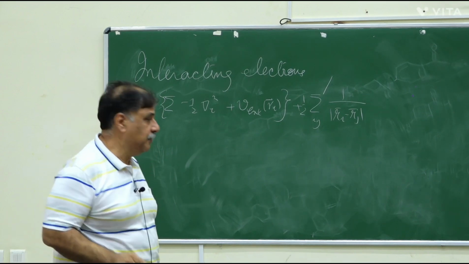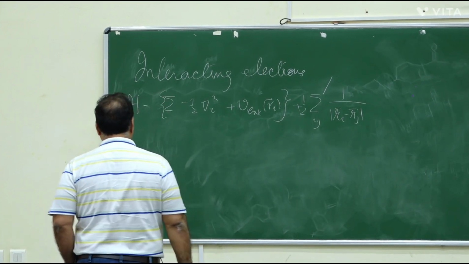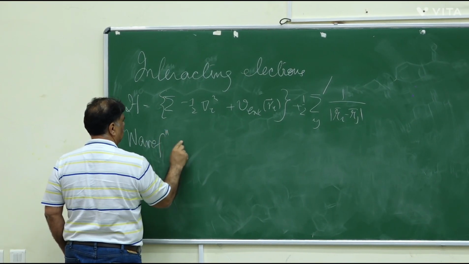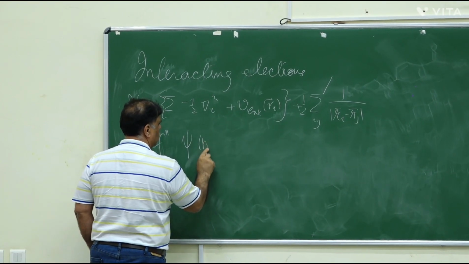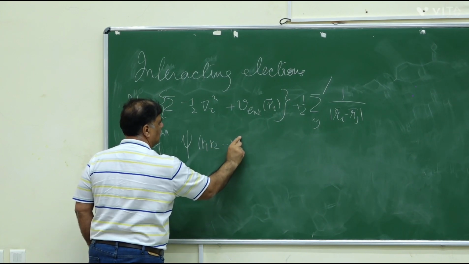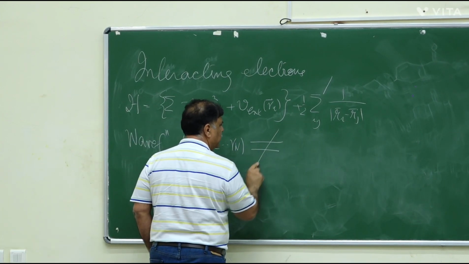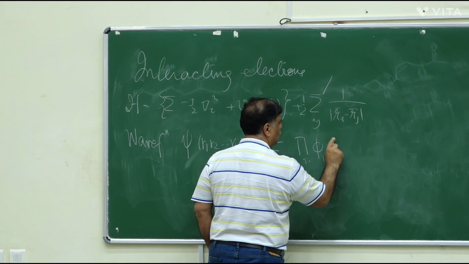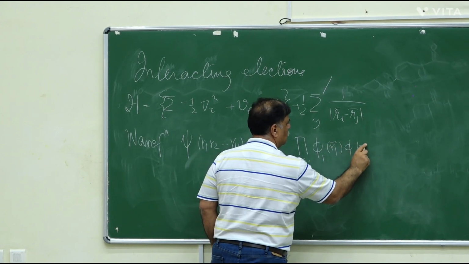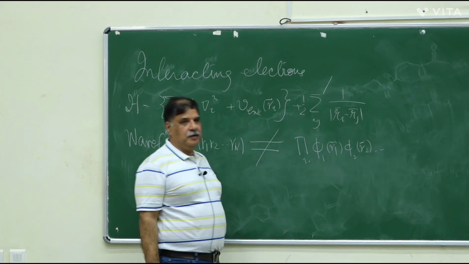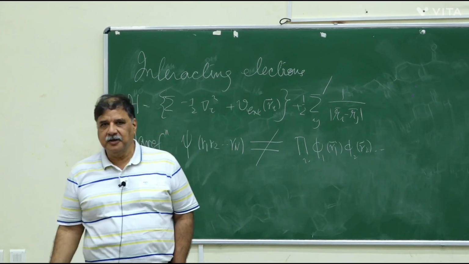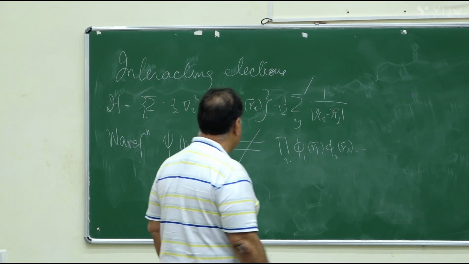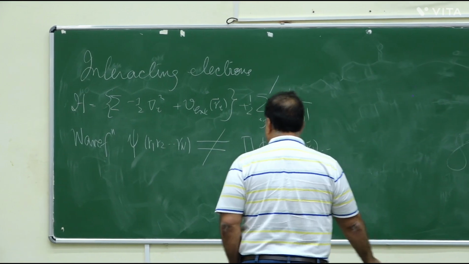Right? And therefore the wave function psi(R1, R2, and so on) can no longer be written as a product phi1(R1) phi2(R2), and so on. You cannot write it as a product wave function. It's not a separable Hamiltonian anymore, and therefore you have to now do something more.